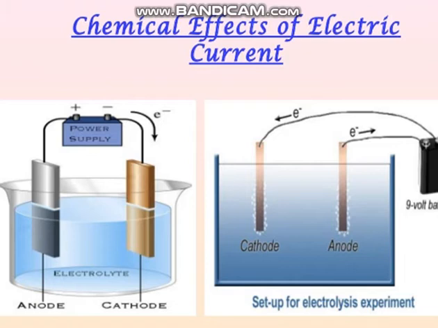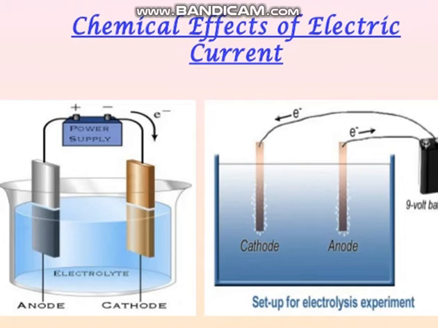Now when we pass the electric current through the electrolyte, what is the electrolyte? Electrolyte is the solution which we are using to conduct this particular experiment, the liquid through which we are passing the electric current.